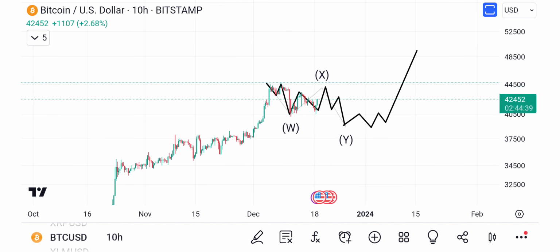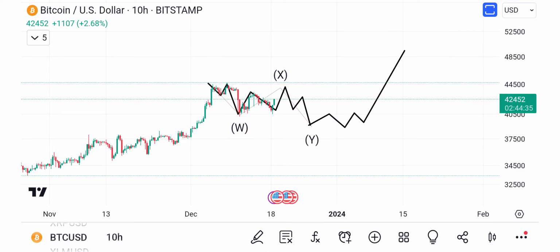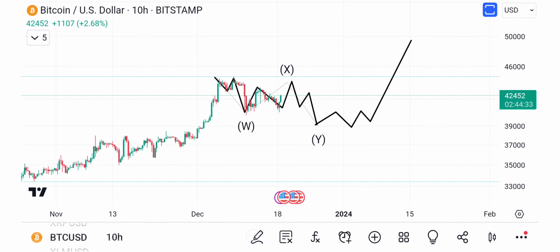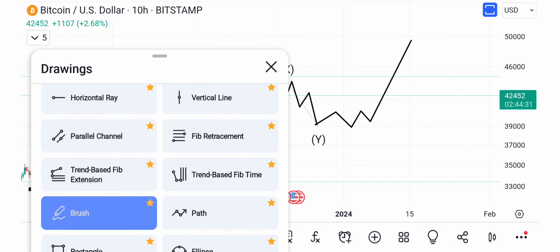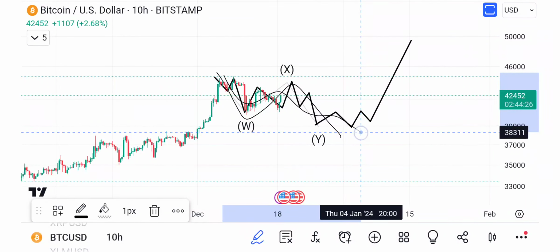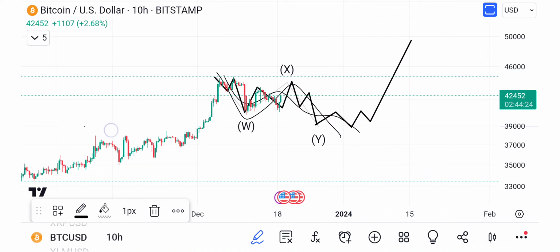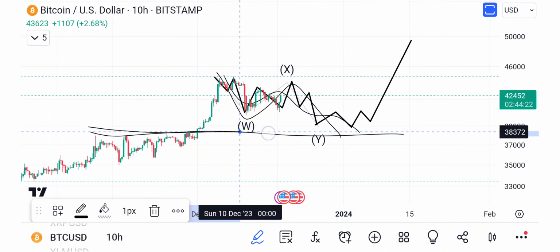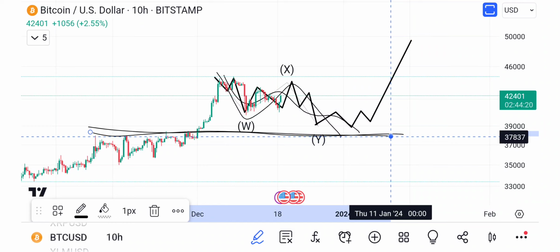And that would also line up with the fractal I shared in the beginning of the video, something like a complex structure, right? More of like a zigzag, right? You boom, boom, boom, complexity in here, and coming down to backtest this area. It doesn't have to, like I said, but something like that.